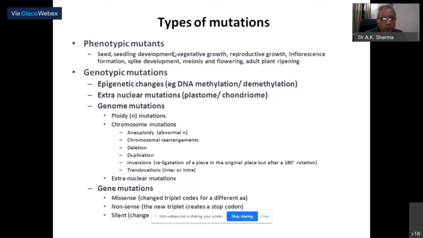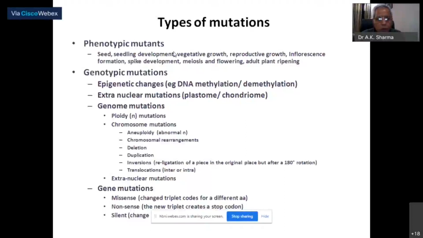Then there are chromosome mutations. That means chromosomes are intact, all chromosomes are there, but there are abnormal chromosomes. For example, aneuploidy. Aneuploidy is called some abnormality in the chromosomal set. There may be half of a chromosome disappearing, or another chromosome, or new micronuclei appearing.